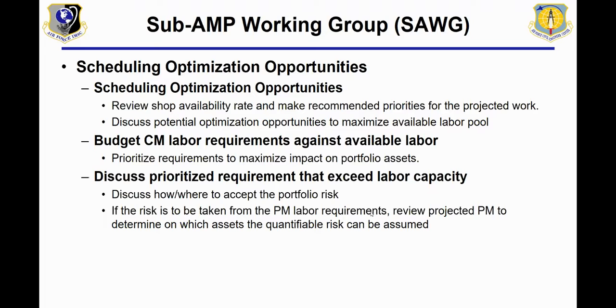This ties directly into whether we have available labor, whether we can maximize it, and whether or not we've got requirements that that paint just isn't going to cover. How do we approach that? Again, you've got the right heads in the room to go ahead and make some recommendations rather than just putting it into the deferred category.